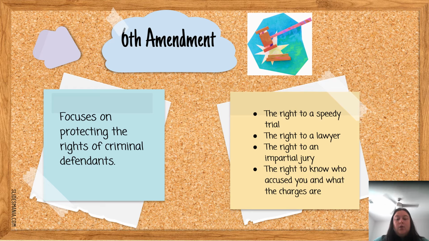They have a right to an impartial jury. I would explain the word impartial means a jury that is not biased, is not already thinking that they're guilty, right? They need a fair shot. And then they also have the right to know who accused you and what the charges are. So you get to know who is basically saying that these things happened, and then what you're going to be charged with. So that's what the Sixth Amendment protects.